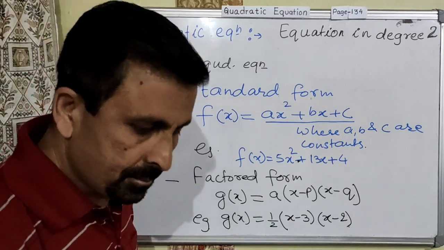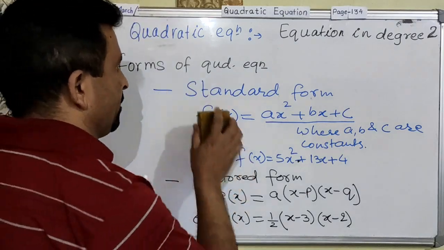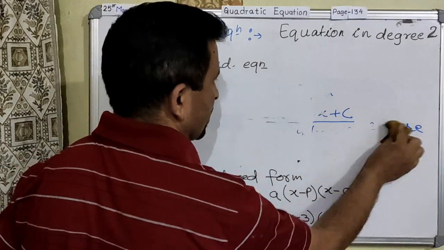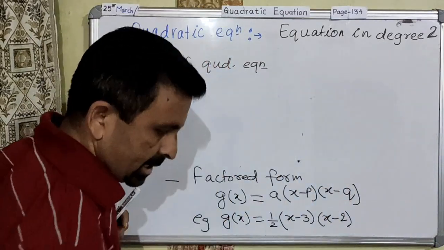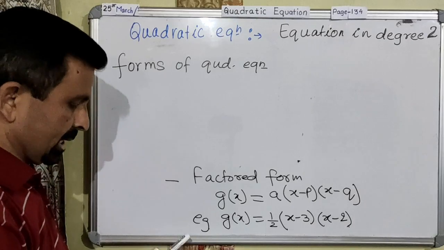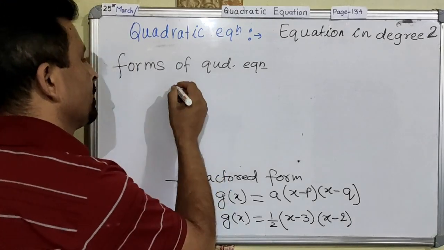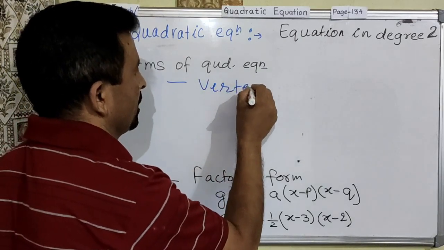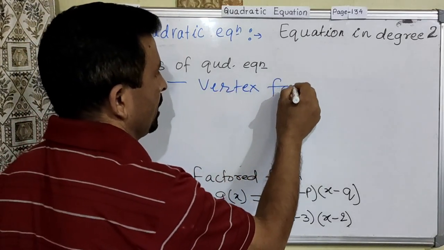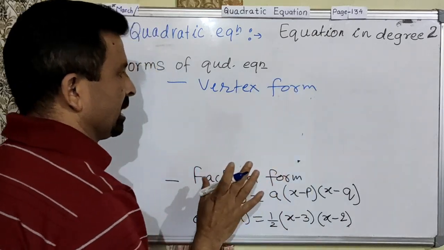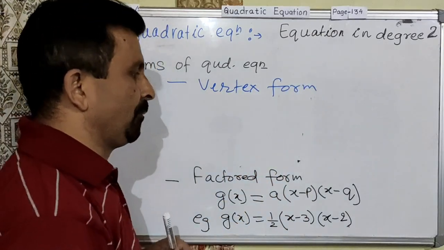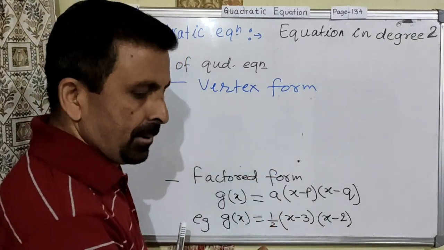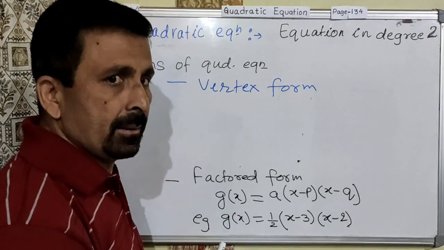It is clear? Then we have another last form, which is called the vertex form of quadratic equation. Today we are only understanding the different forms of quadratic equation, but the meaning of each of these forms we will be studying in detail, step by step.